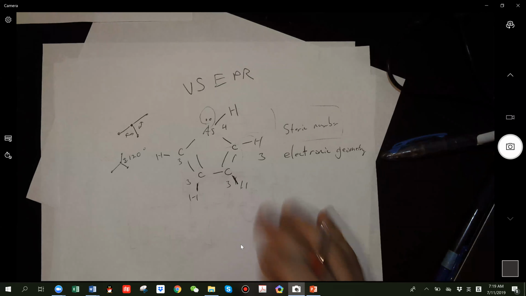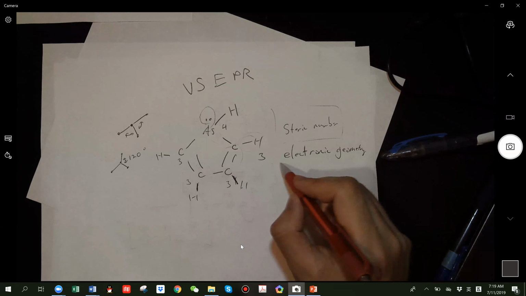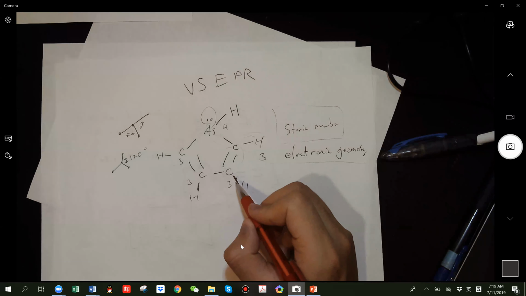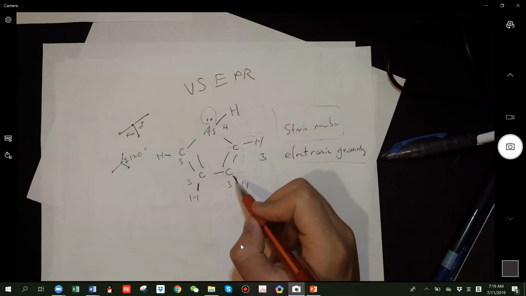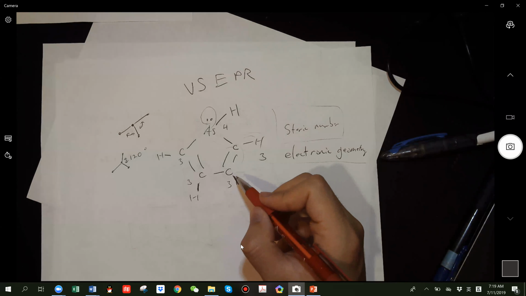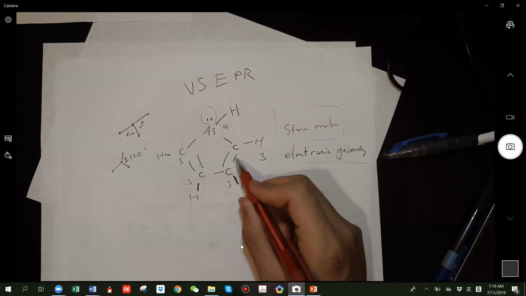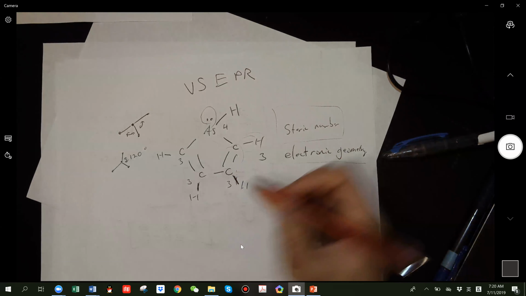So the electronic geometry of this carbon atom is trigonal planar. But also, we don't need to consider lone pairs since there are no lone pairs. So this one also has a molecular geometry of trigonal planar.